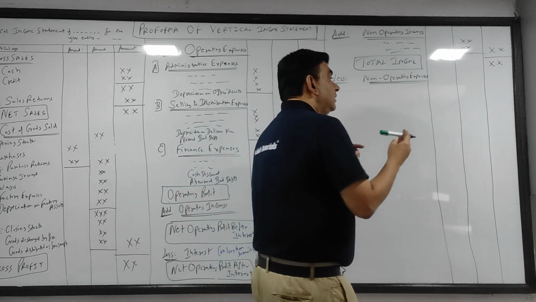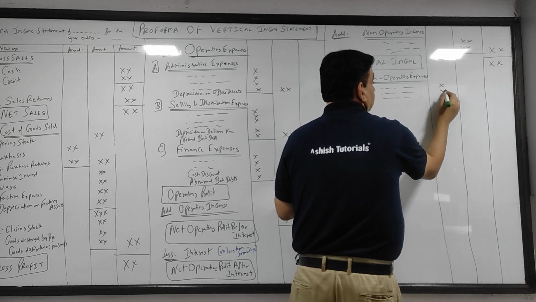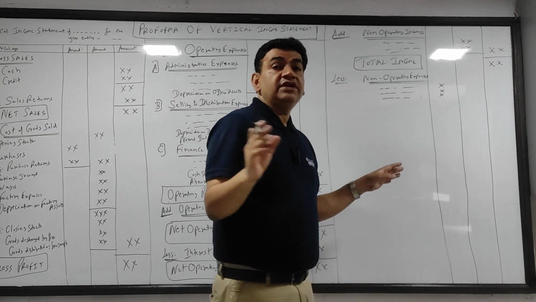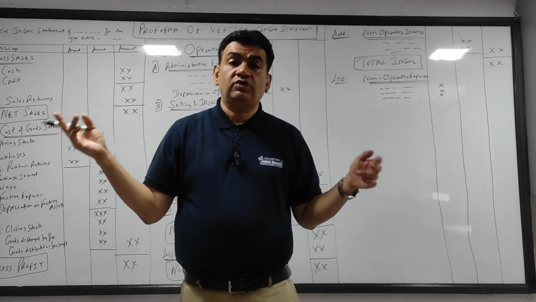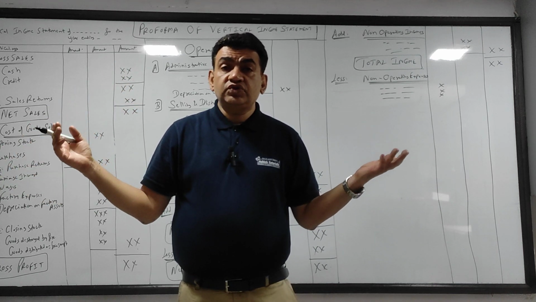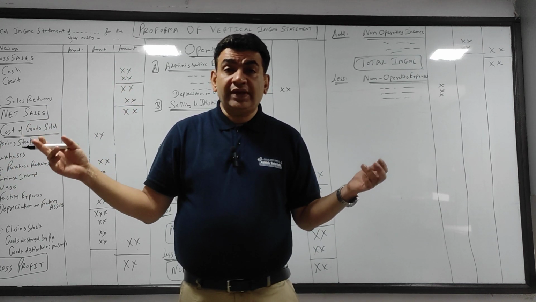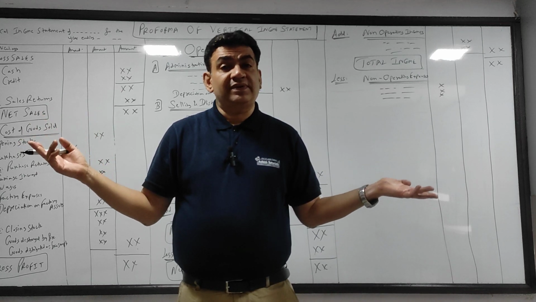So, loss on sale of assets, loss on sale of investments. चोरी हो गया, loss by fire, रोज चोरी नहीं होगा. Loss by fire, loss due to natural calamities, earthquake, tsunami. All these are non-operating expenses.